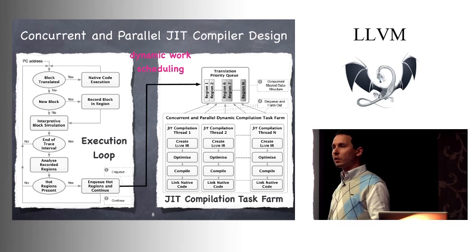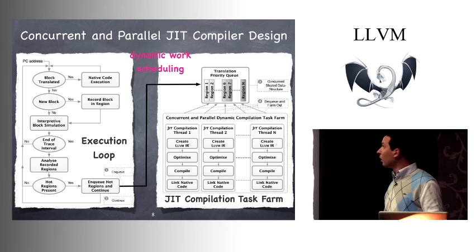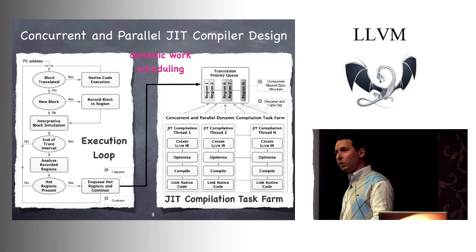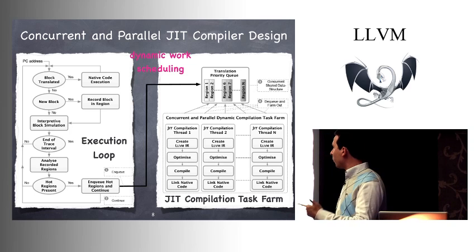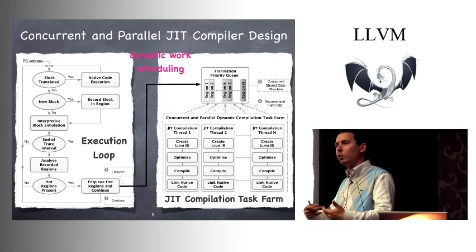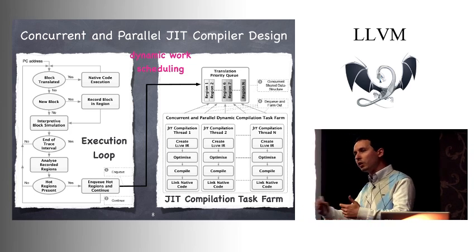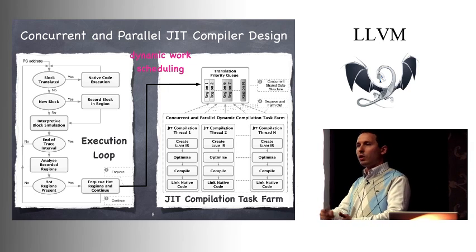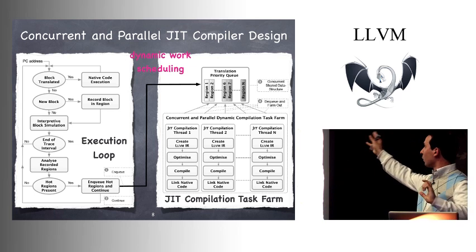So what do we need in order to prioritize compilation units or hotspots like that? We need a notion of frequency and recency. Both of them are available for free in this design, because we need to record execution frequencies, and we have a notion of time because of these trace intervals.